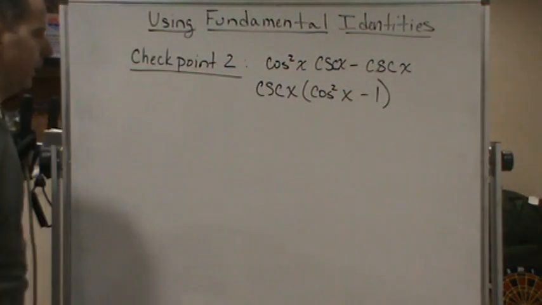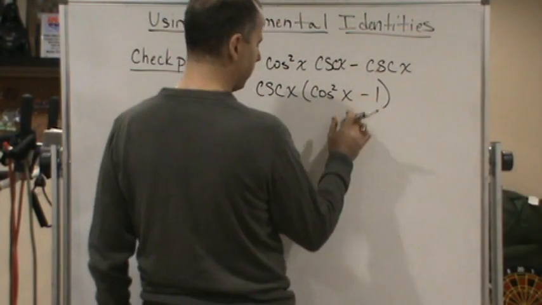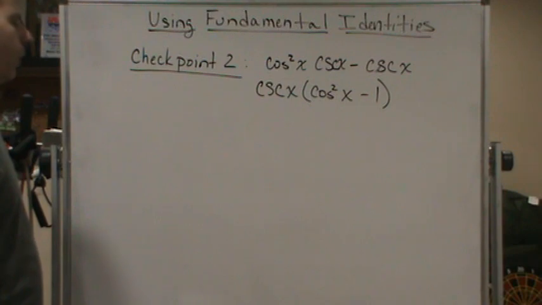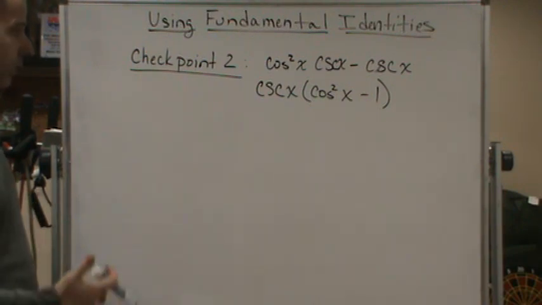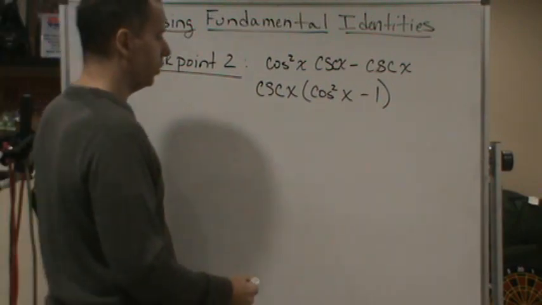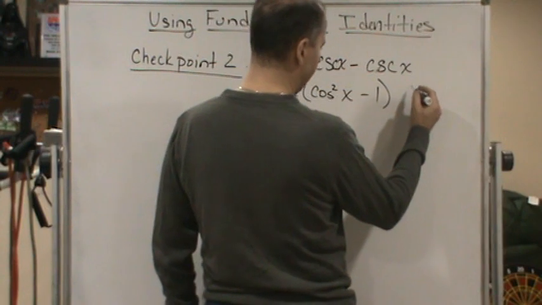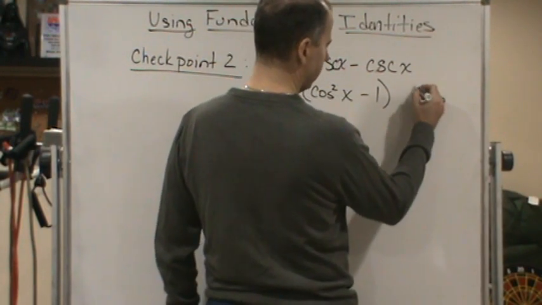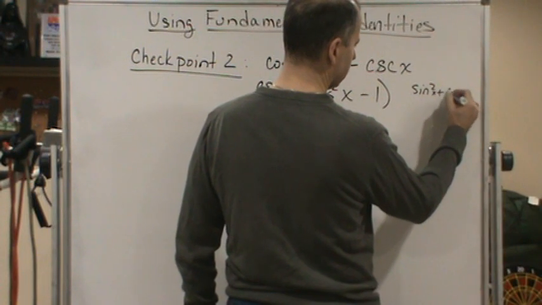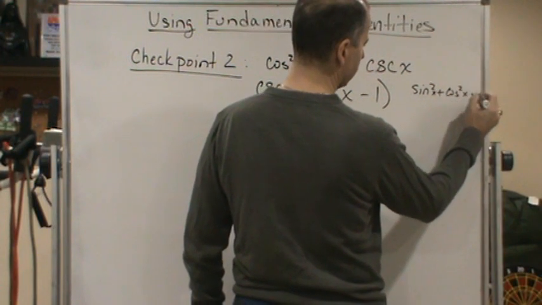Okay, now again I see something that looks like the Pythagorean identity is at work. So remember that it's sine squared plus cosine squared equals 1. So again, if I do this here, sine squared x plus cosine squared x equals 1.